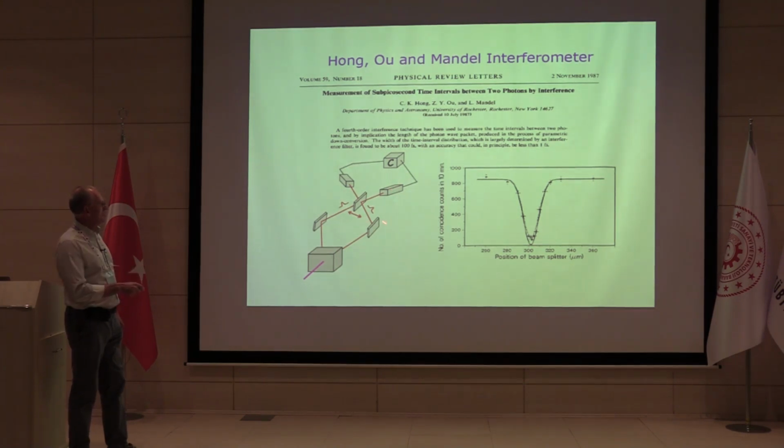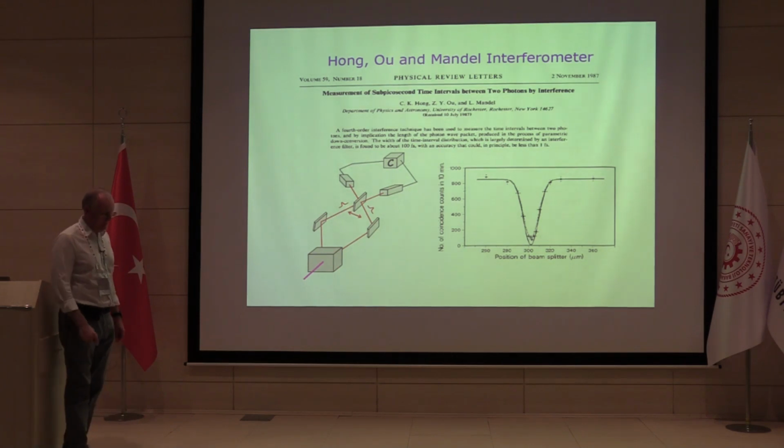When you start to move the beam splitter, you move it one way, so this arm becomes a little bit longer than that one, so there is a degree of distinguishability. And this forms the dip in the graph where on the horizontal axis is the position, so it's a delay between left and right, and degree of distinguishability of arrival, and on the vertical axis is the rate of coincidences.